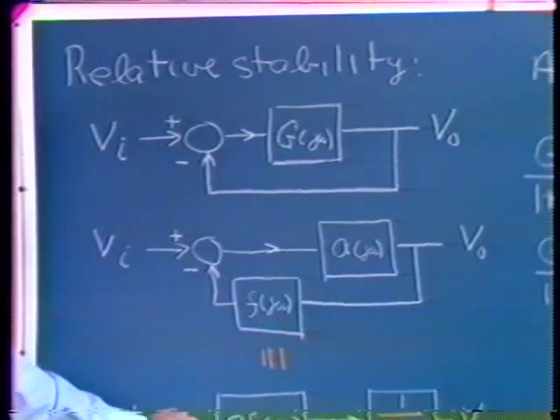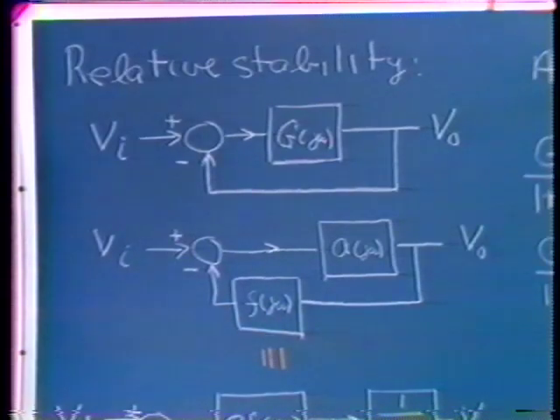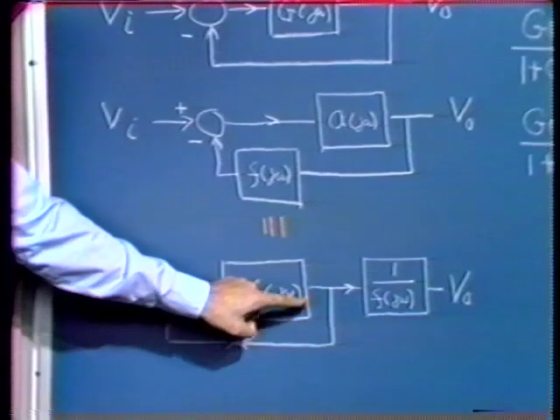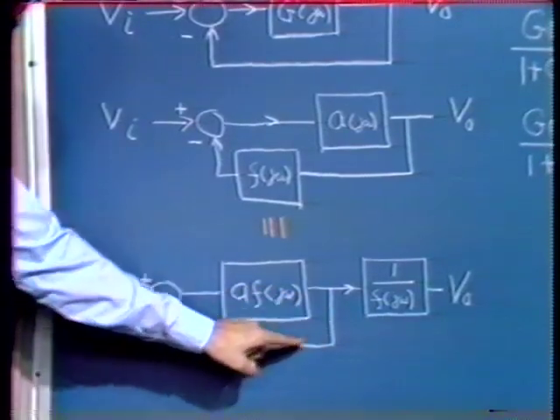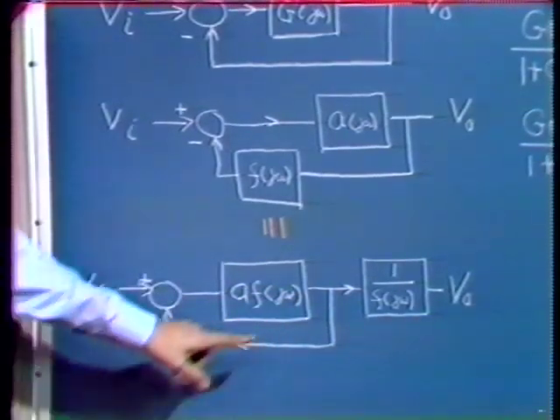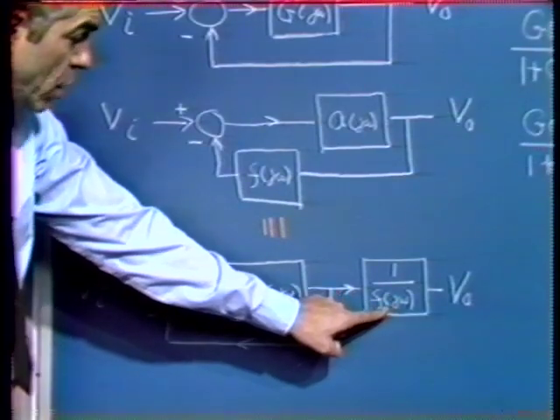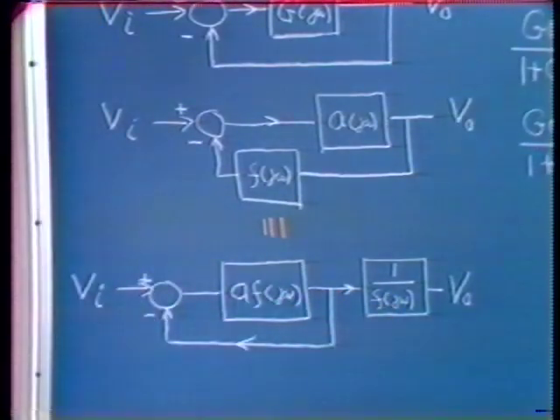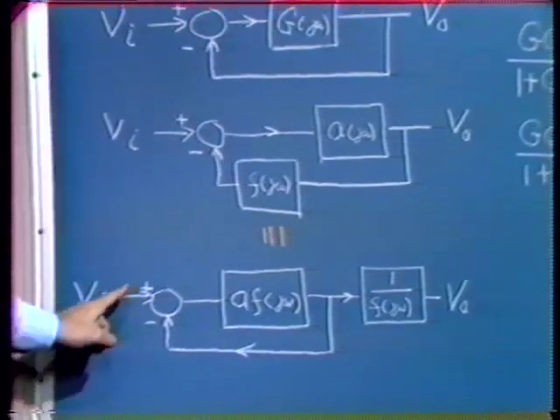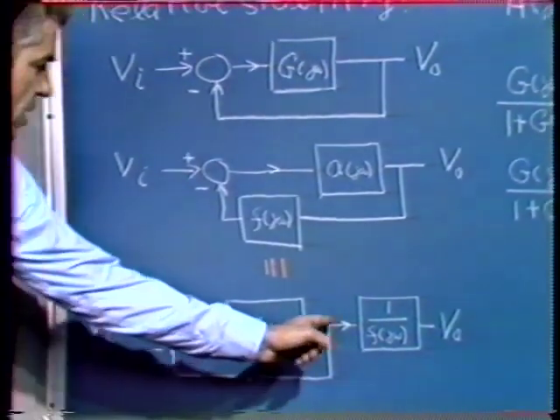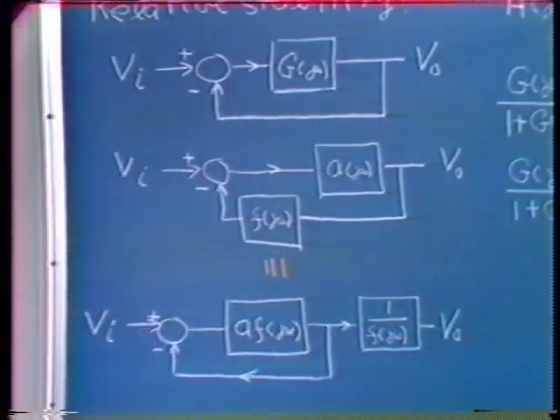This block diagram is identically equal to the lower one, where we have the AF product in the forward path, unity feedback, and then followed by a block that's 1 over F of j omega. And we can really evaluate the relative stability of our system by considering just this part of the system.